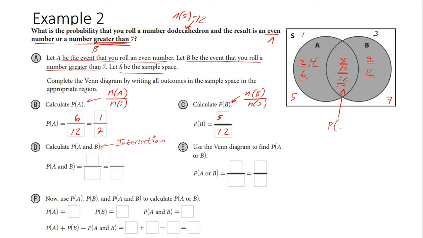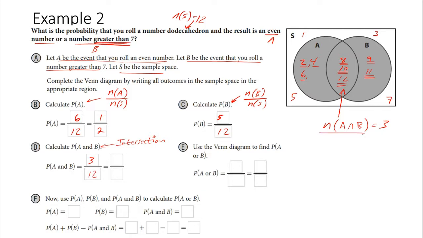So the probability of the intersection of A and B, well, we have 3 elements there. So let me rewrite this to where I could say the number of elements in the intersection of A and B is 3. Okay, so we have 3 over there, out of our sample set, which again is 12.